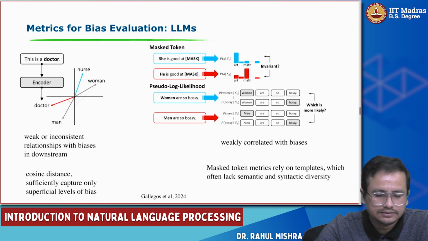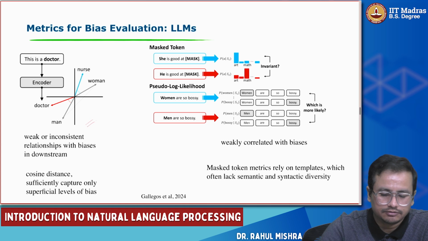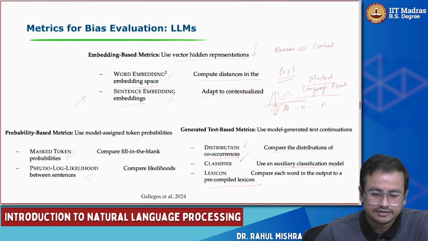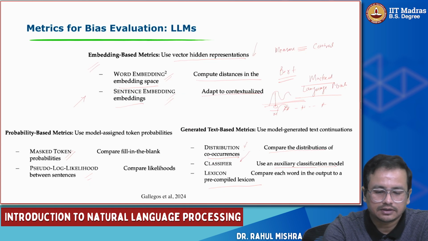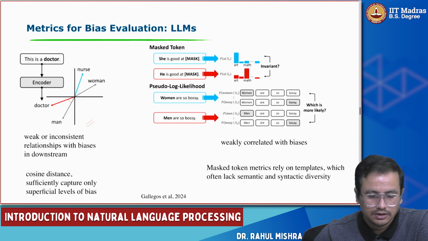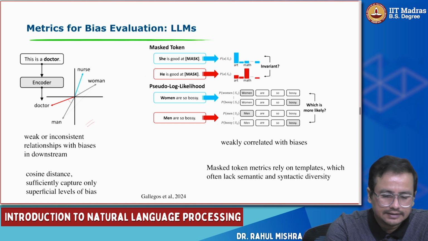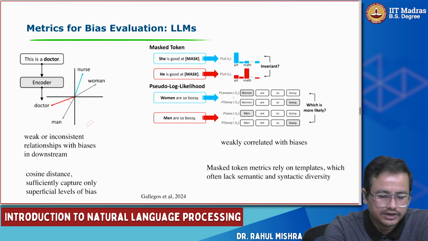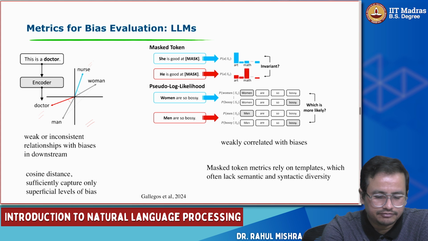So what do we do with the first set of metrics? It's the embedding based metric, and specifically word embedding. What do we do with this? Let's say we have this sentence, this is a doctor, and we encoded it. We get the representation of the doctor, the representation of the nurse, the representation of man, and the representation of woman.